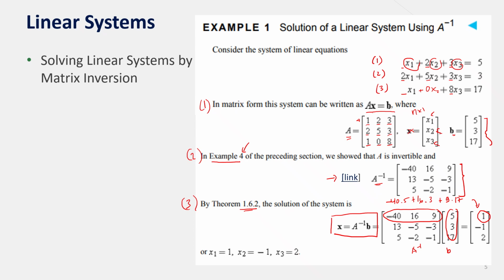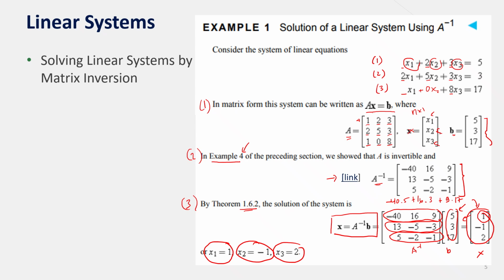So for x2, you take this row multiplied by this column. For x3 it is this row multiplied by this column. Okay. Finally, you will get this value. This will be the value of x, which we can translate into x1 equal to 1, x2 equal to minus 2, x3 equal to 3.